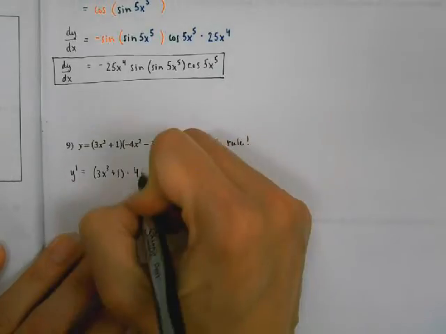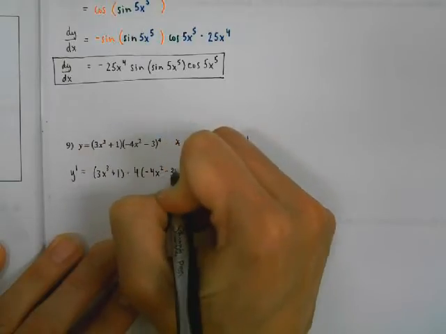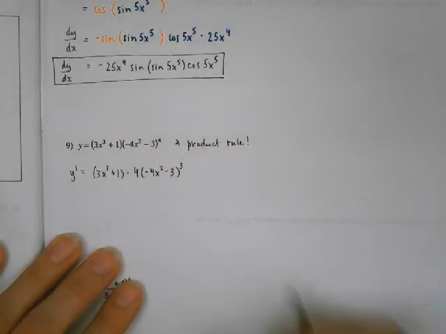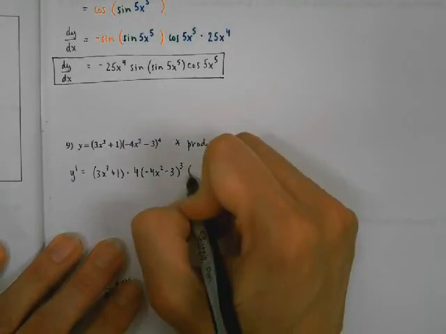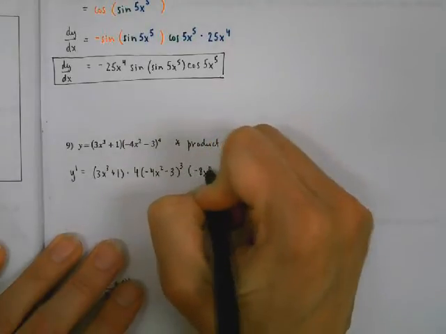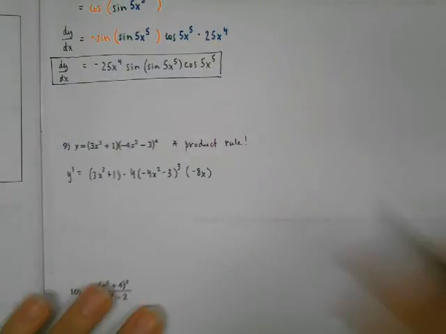So I have times 4. All of my inside stuff stays the same. My exponent becomes 3. And then I multiply by the derivative of what's inside. So I'm going to multiply by negative 8x. There we've just taken care of the first half of our product rule.